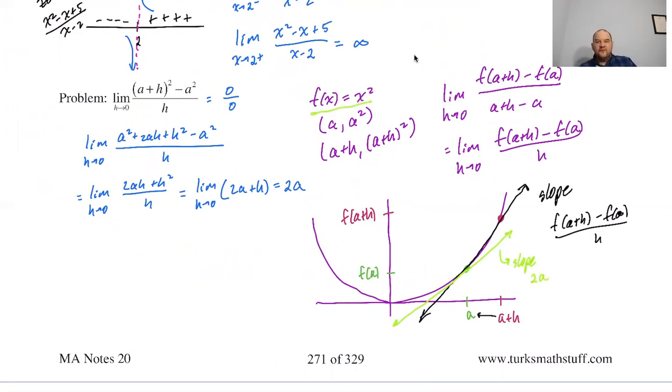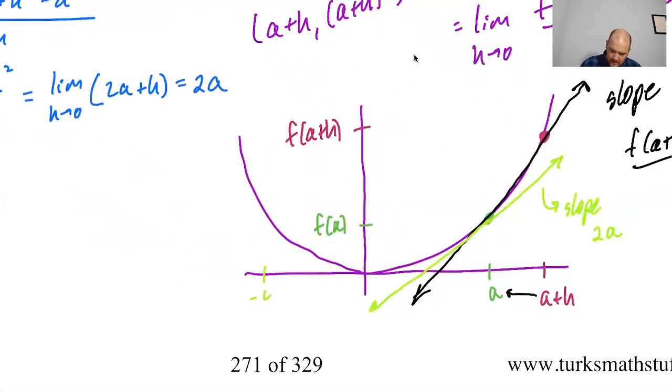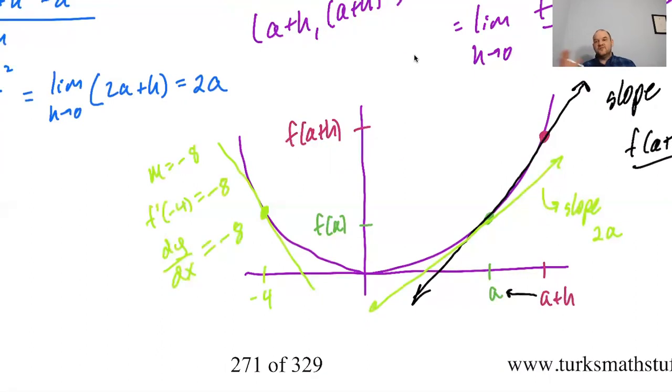So if a is -4, so -4 would be maybe here, then we go up here, and we find the slope of the line tangent to this at this point. That slope will be -8. And we said in an earlier set of notes that there's a special notation for that: f prime of -4 is -8, or dy dx is -8. These are all different notations for the same thing.